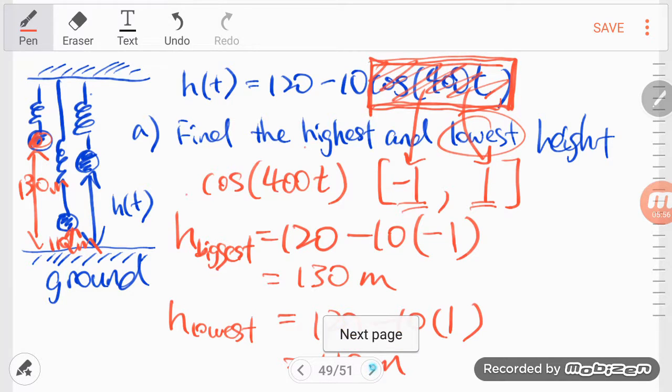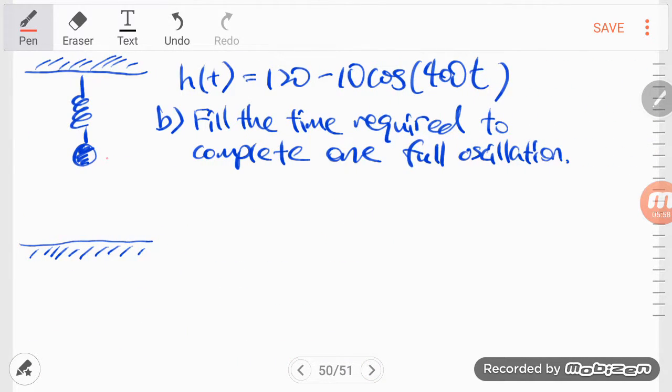Now let's continue. All right, still the same question, but this is part B. They want us to find the time required to complete one full oscillation. One full oscillation is a fancy word for one full cycle.